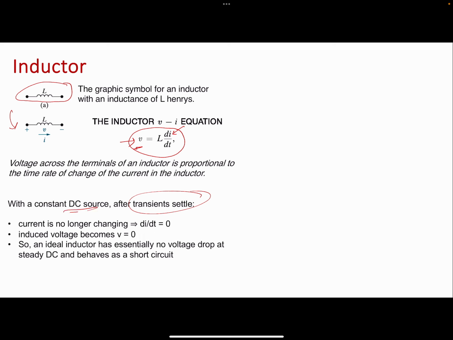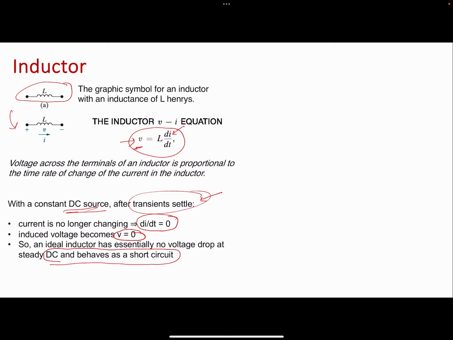With a DC source, very quickly you reach the final value, which becomes constant. That means the changes in the current become zero. As soon as the changes in the current become zero, the induced voltage across the inductor becomes zero. If the voltage across the inductor is zero, that practically means that at steady state, once transients settle and the final current value is reached, the inductor behaves as a short circuit.